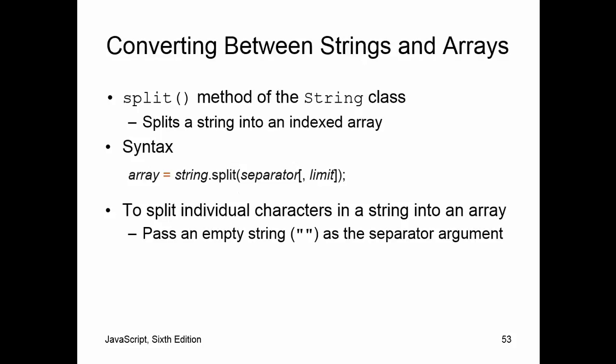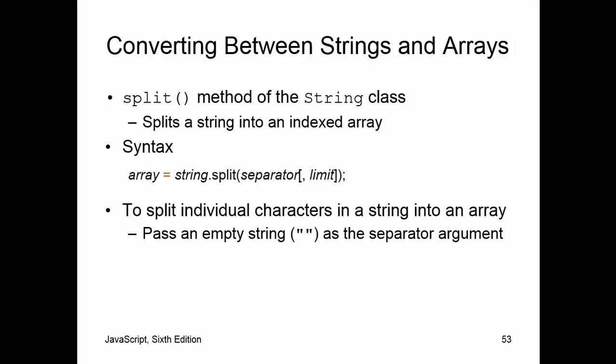Split takes a string and converts it into an array. It's what I showed you before where I had that string of names, and I set that equal to, inside of double quotes, Jeff, comma, Sandy, comma, Taylor, comma, Mackenzie, comma, Chloe.